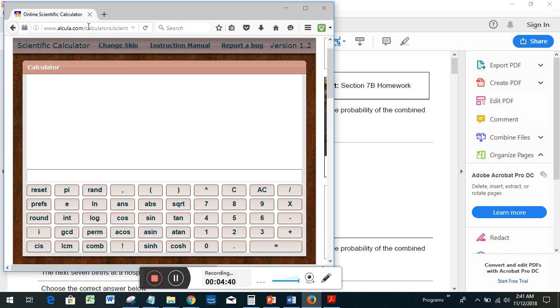So if you Google this in the search engine, you should be able to pull up this calculator here. It's basically an online scientific calculator that will give you fractions and probabilities formula, permutation, combination, and factorial, which we will be using in Section 7C, D, and E.